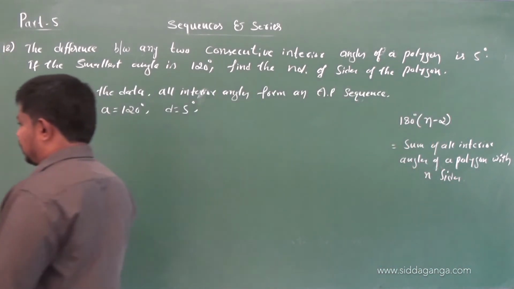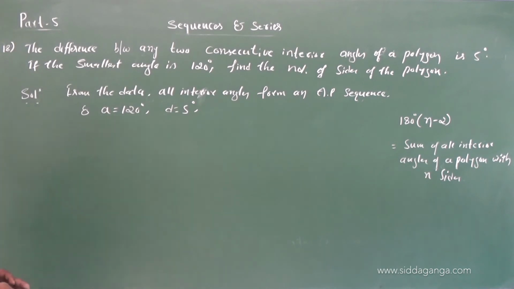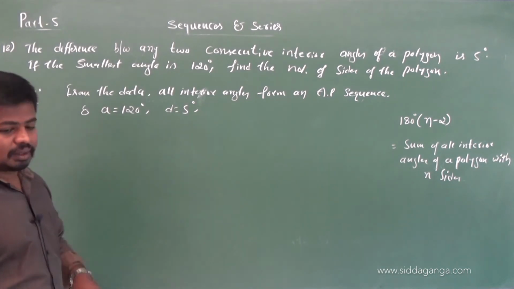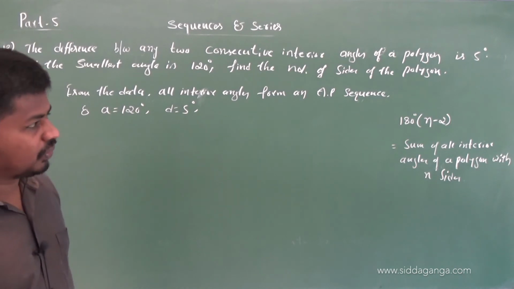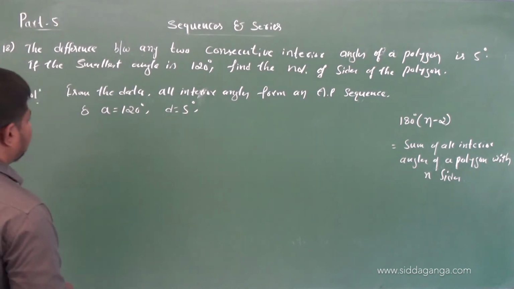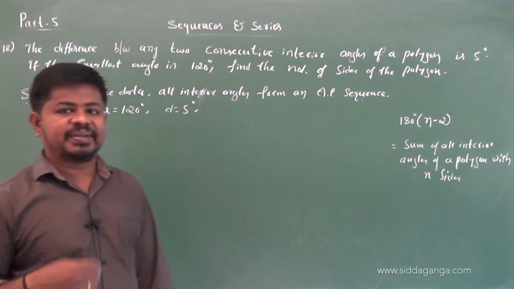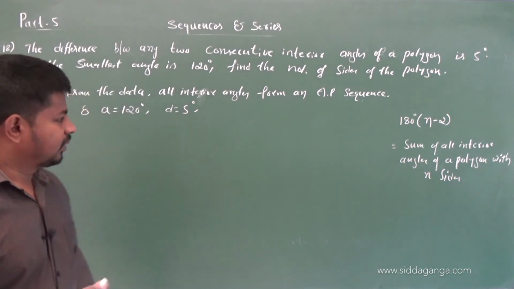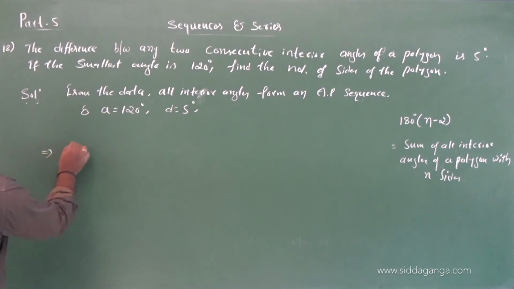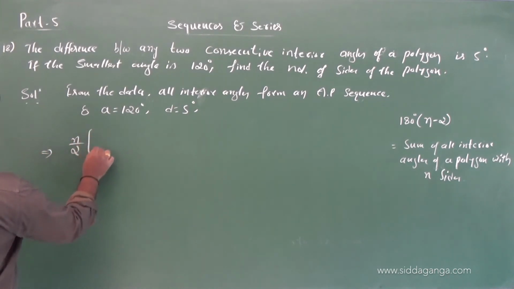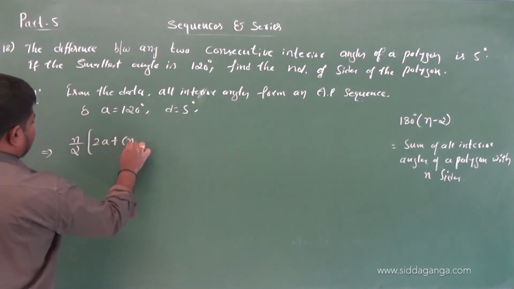Now here, all interior angles of a polygon form an AP sequence, so for n number of angles, the sum of all angles, in the sense the sum of n terms of an AP sequence, is nothing but n by 2 into 2a plus n minus 1 into d.